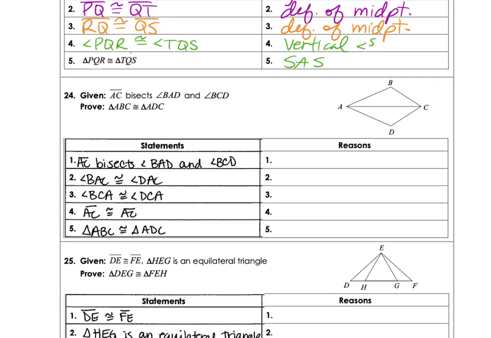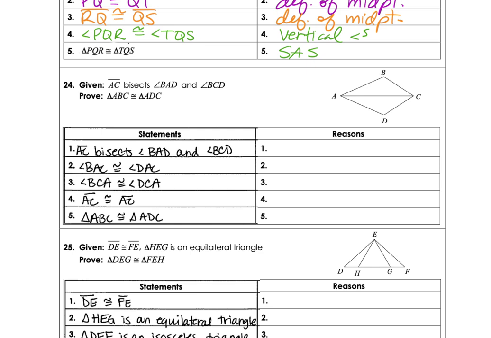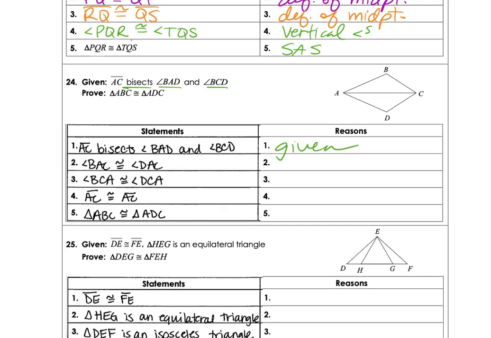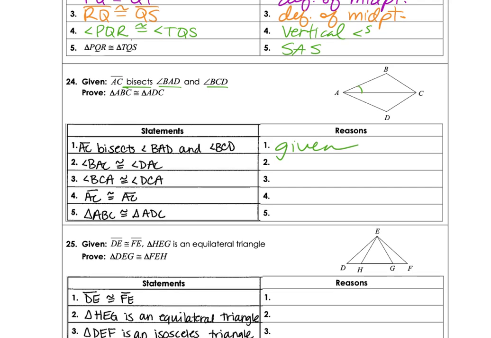24. All right, notice it says bisects an angle, right? So that leads you to congruent angles. So step one is your given. Then it says BAC, that's this angle, congruent to DAC, that's that angle. How do I know those two angles are congruent? That is the definition of a bisector. If you want to say angle bisector, that's fine.